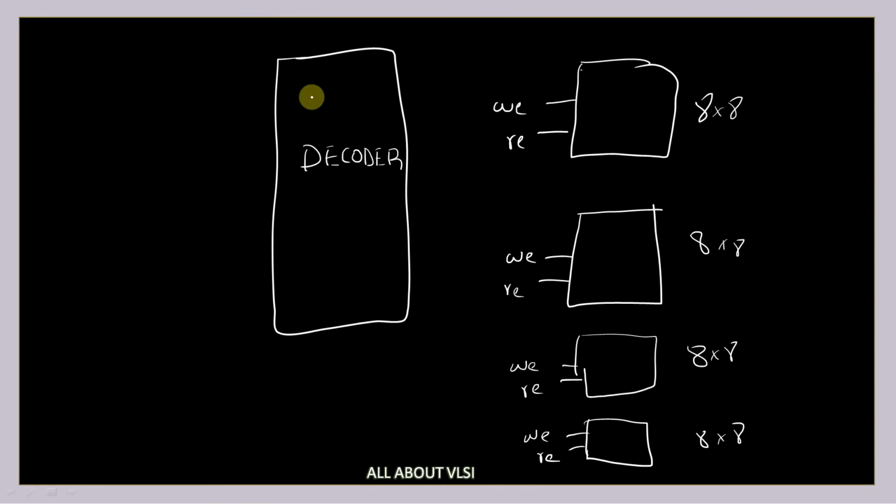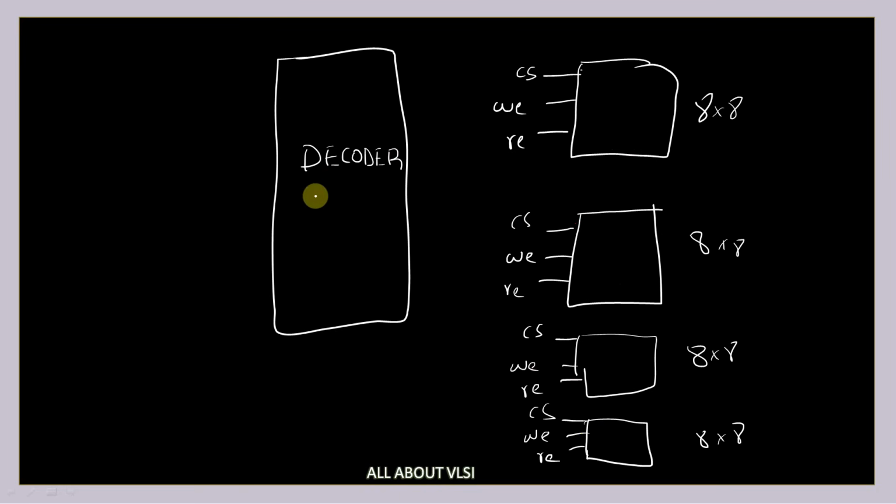The RAM blocks are going to have one more signal which is known as chip select, so that we can select which block or which RAM we want to work with.